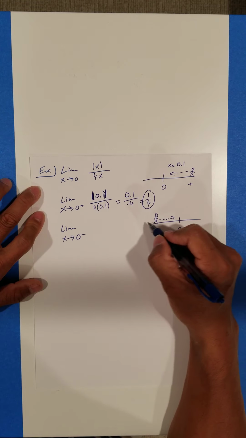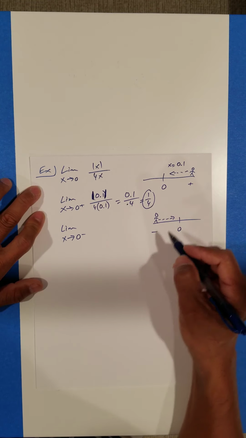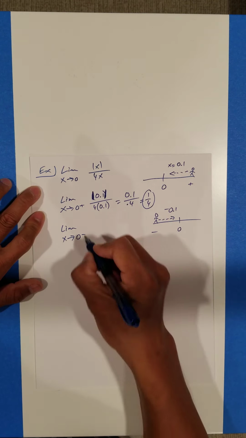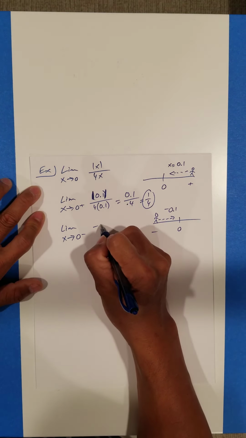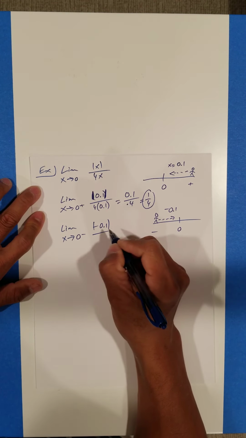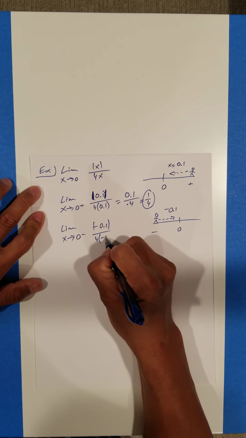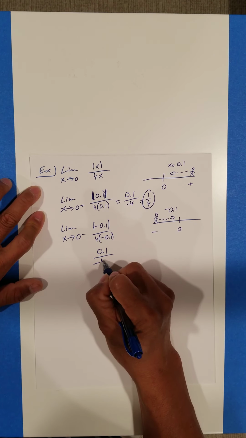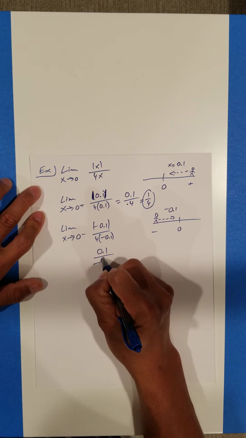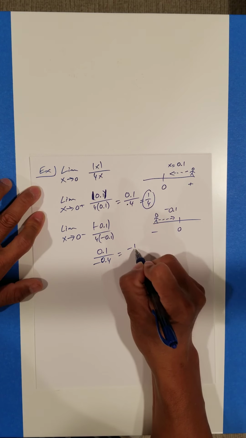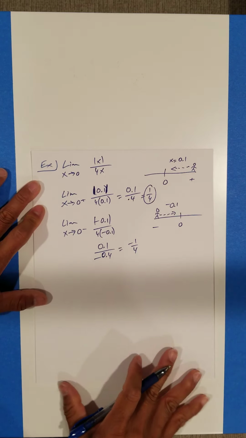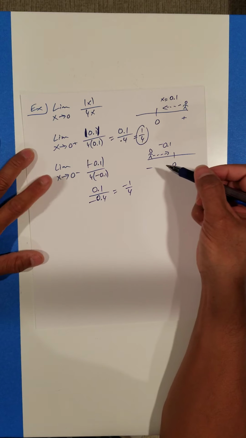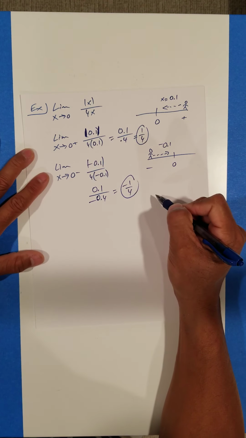As you approach 0 from the left side, you reach a number like negative 0.1. Let's plug that in: absolute value of negative 0.1, and 4 times negative 0.1. So you get 0.1 over negative 0.4, which is negative 1/4. Now you notice on the right hand side the limit was positive 1/4, and on the left hand side the limit is negative 1/4.